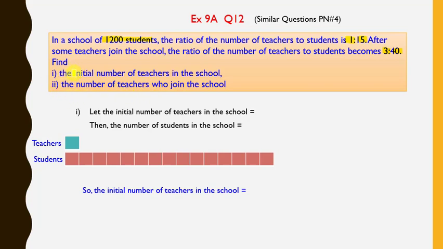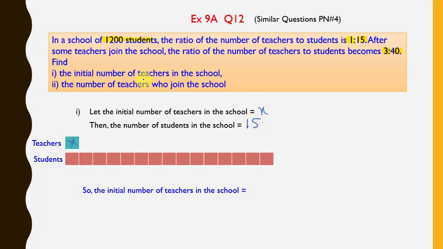So we will solve the first part. Let the initial number of teachers in the school be x. I have represented it in the diagram. It is x, so the number of students in the school will be 15x, 15 for students.